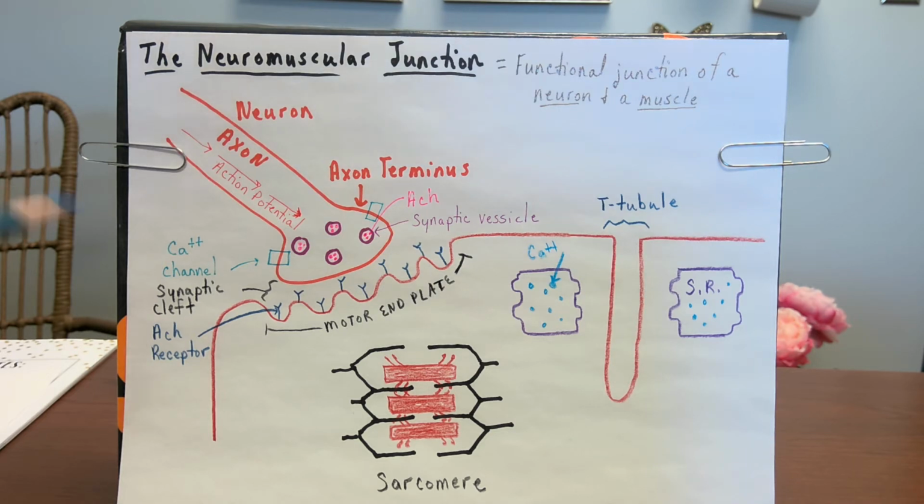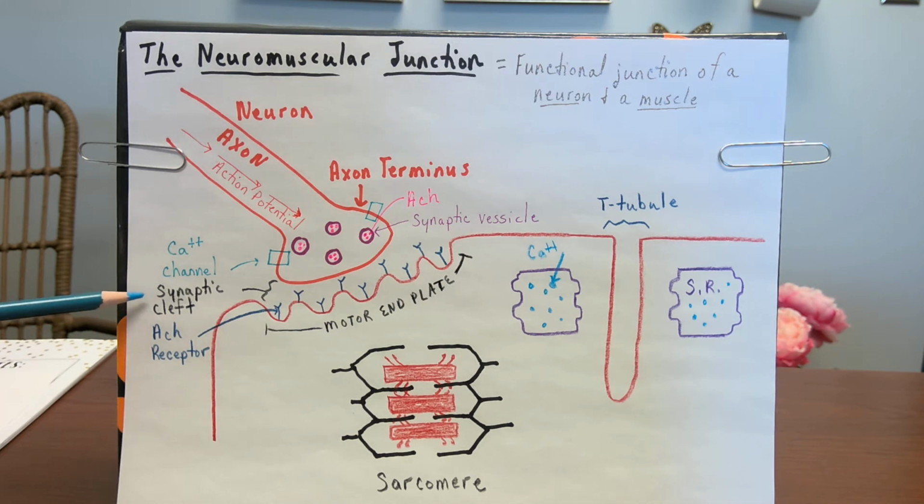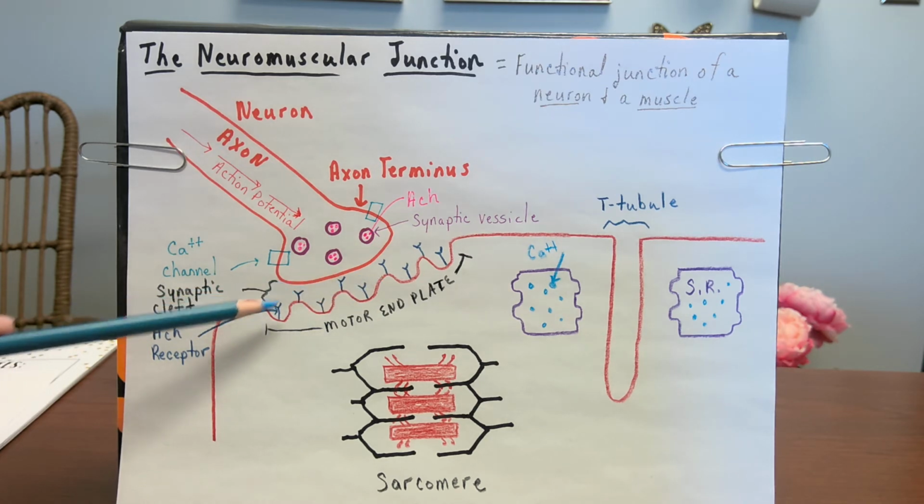Okay, when we move across to the muscle cell, you see that there's a space right here between the end of that neuron and where the sarcolemma begins here, and that's referred to as the synaptic cleft. So that's that small space in there. This is the sarcolemma of the muscle cell, and where it gets wavy right here, and you see these little guys, that region is referred to as the motor end plate.